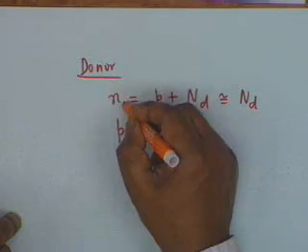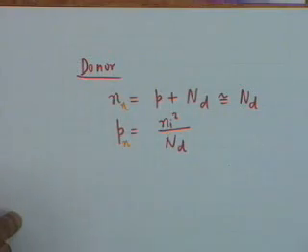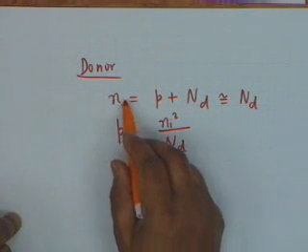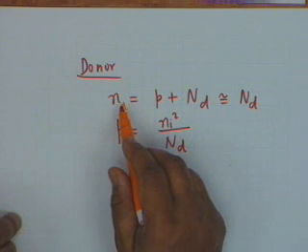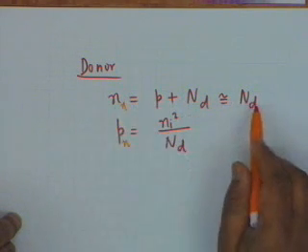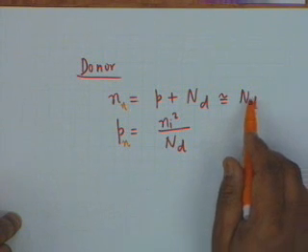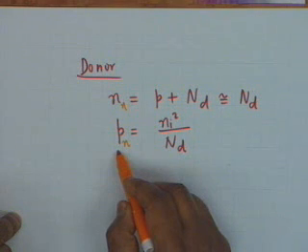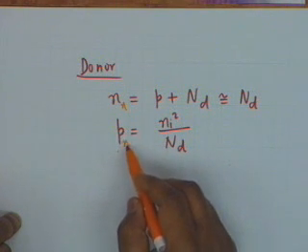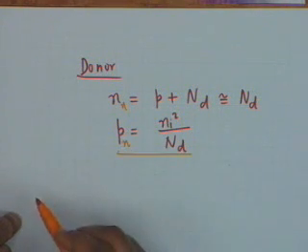So we denote this by another subscript, Nn, and this is Pn. That means in an N type semiconductor, Nn, the concentration of electrons, is approximately equal to the concentration of donor atoms. We assume that all donor atoms are ionized. Similarly, the concentration of holes in the N type material is given by this.